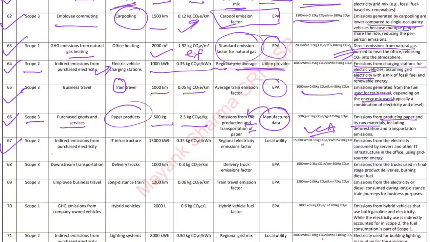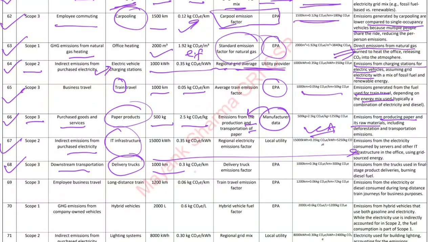Example number 67 is Scope 2, indirect emissions from purchasing electricity for IT infrastructure. Almost very similar calculations. So here we are utilizing the electricity for servers and other IT infrastructure in the office, using grid source energy. 68, Scope 3, downstream transportation, delivery through trucks.